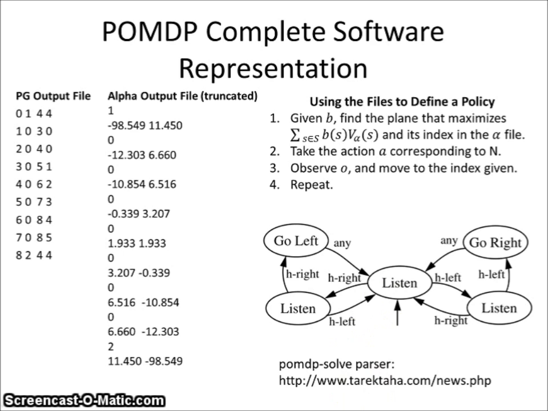So to summarize, you're going to keep listening until you hear the same side twice, and then you're going to open the opposite door. This policy graph was made by doing this process of looking at the PG output file, and it came from solving the problem using POMDP solve.